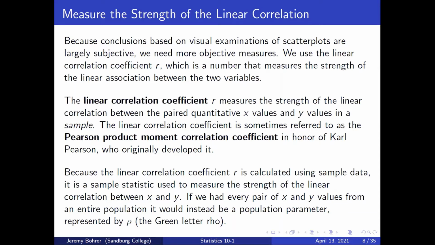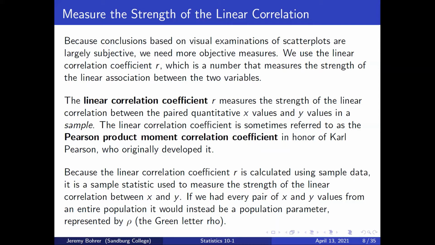We use the linear correlation coefficient R, which is a number that measures the strength of the linear association between the two variables. The linear correlation coefficient R measures the strength of the linear correlation between the paired quantitative x values and y values in a sample. The linear correlation coefficient is sometimes referred to as the Pearson product moment correlation coefficient in honor of Karl Pearson, who originally developed it.